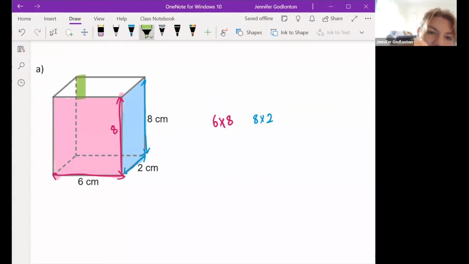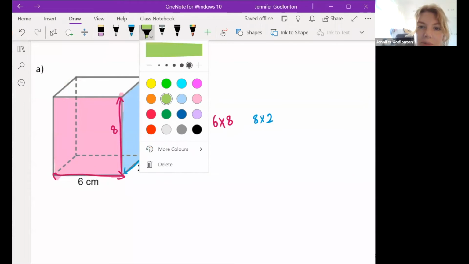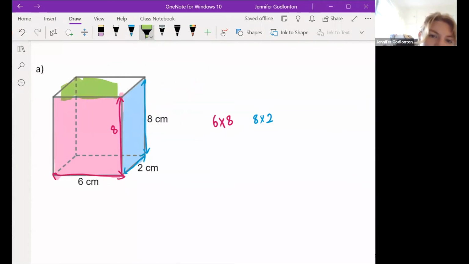Now we're looking at this top part over here. Well, this side over here is 2, and this side over here is 6. And so if I'm wanting the area of that green part, it is going to be 6 times 2. So that's just finding those 3 faces.